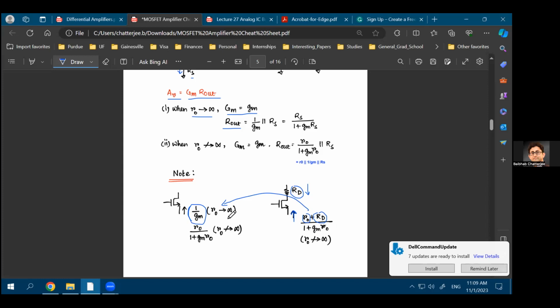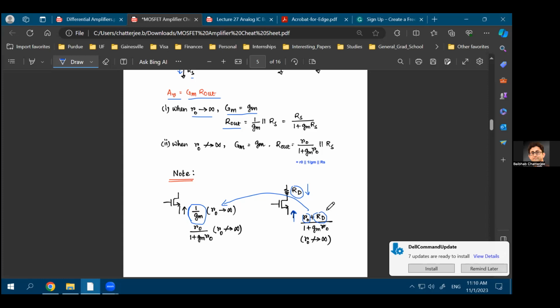But then again, in this course, there would be hardly any cases where you have to consider a finite RO. Because this is an undergraduate course, we generally do not make things that complex, right? We'll consider that RO is infinitely large in all cases, in your exam or any other complex problem. But if you had to consider the effect of RO, this is the equation you would have had to use.